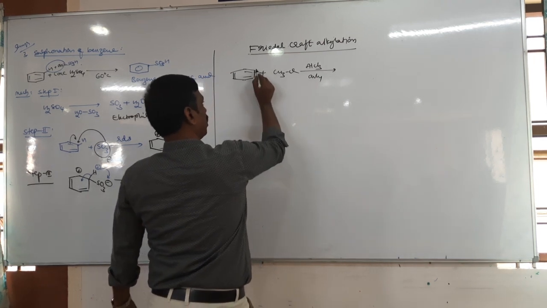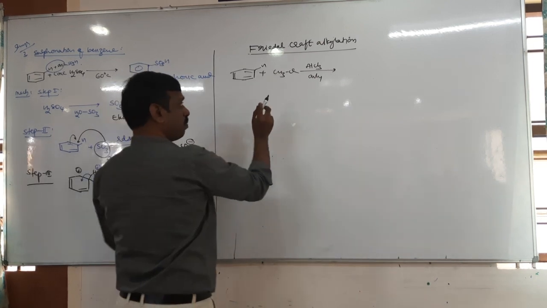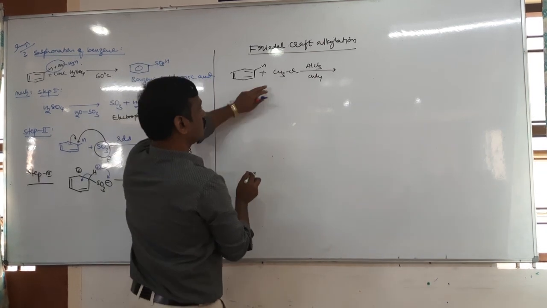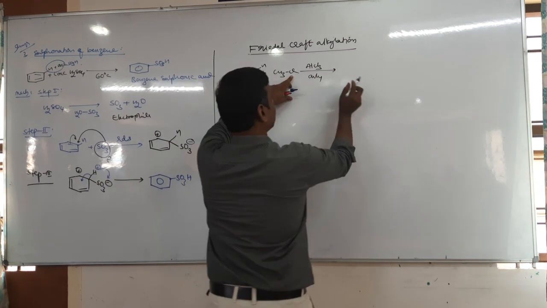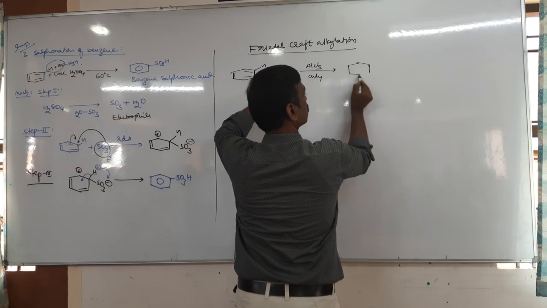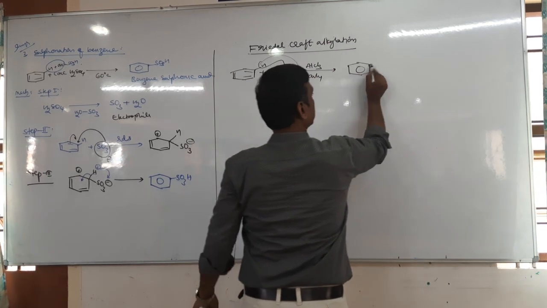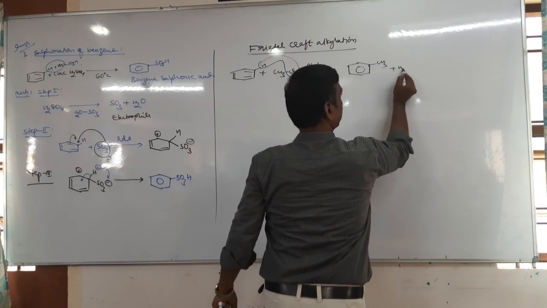Tell me, in benzene there are 6 hydrogens, any one hydrogen replaced by what? Methyl group. What is the product? Methyl benzene, no? Toluene plus HCl.